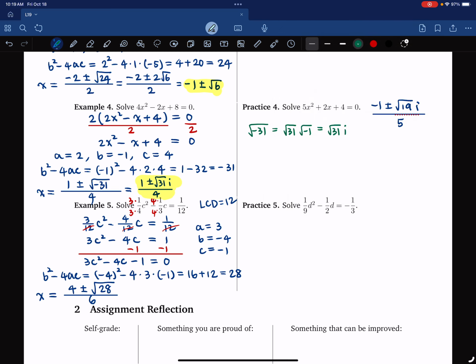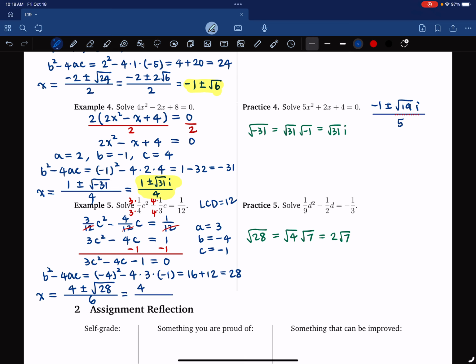Let's do square root of 28 here. So square root of 28, we're going to split into square root of 4 and square root of 7, which simplifies to 2 radical 7. And now we can put it back to the quadratic formula.